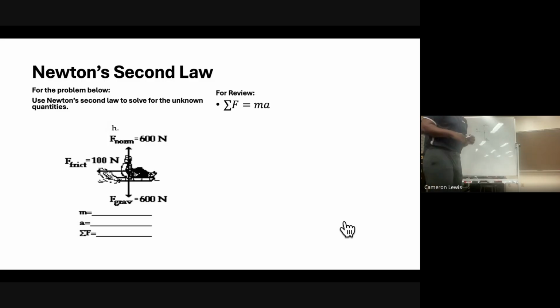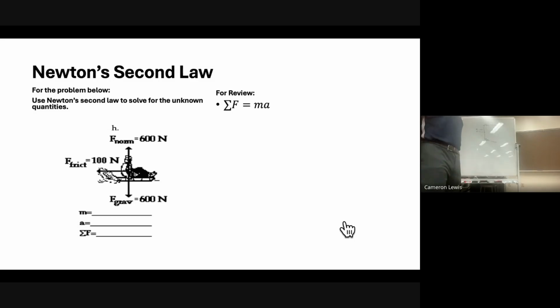And they all have different values. Norm is 600 newtons, and gravity is 600 newtons. And then we have friction, which is 100 newtons.